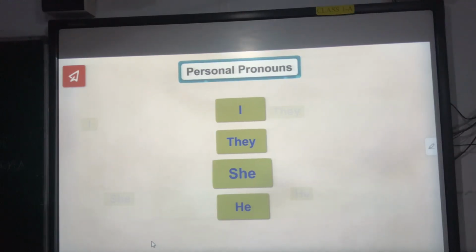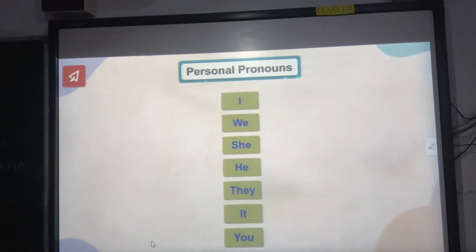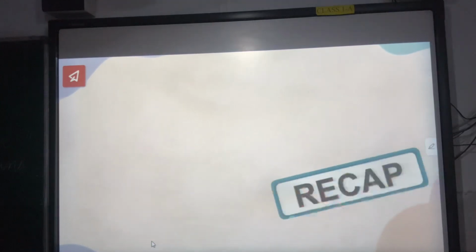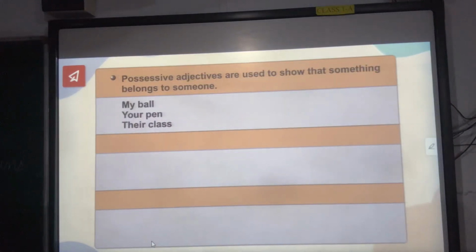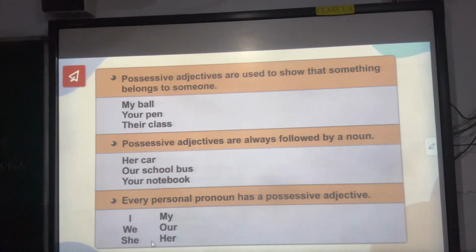These are personal pronouns. Every personal pronoun has a possessive adjective. Let's see what we have learned so far. Possessive adjectives are used to show that something belongs to someone. Possessive adjectives are always followed by a noun. Every personal pronoun has a possessive adjective.